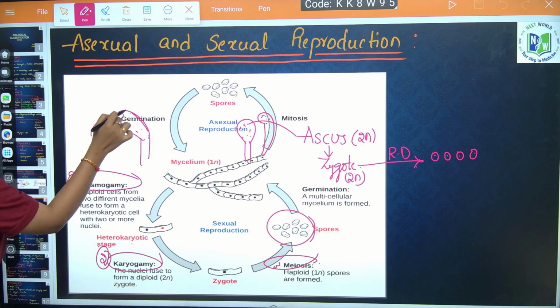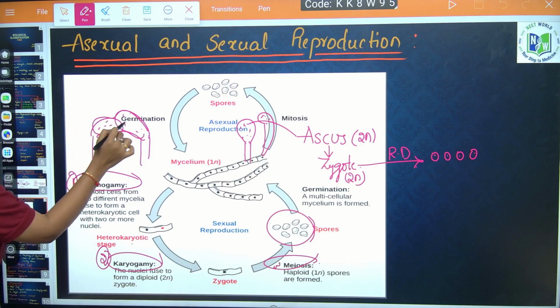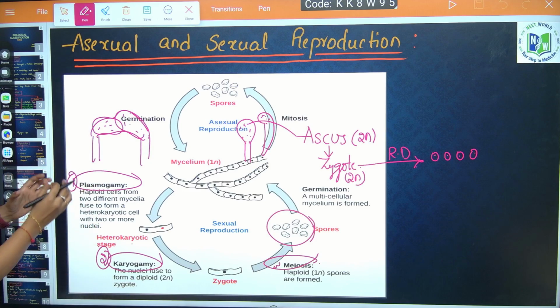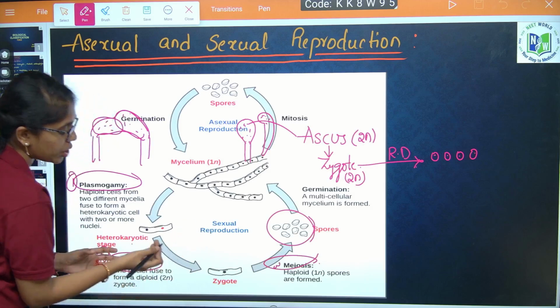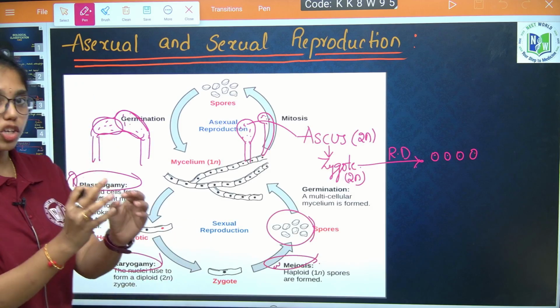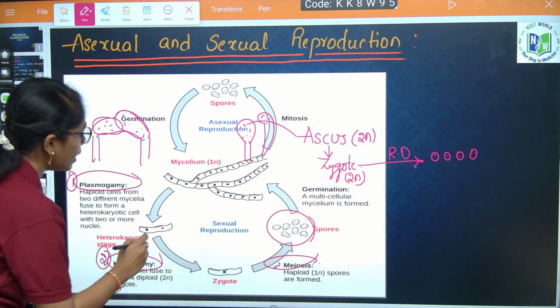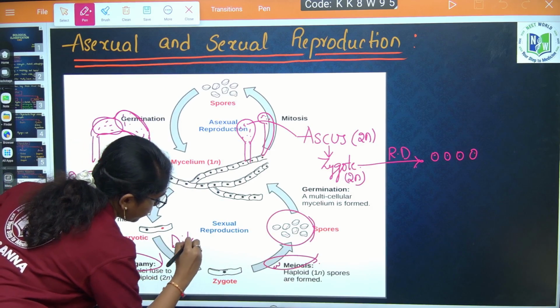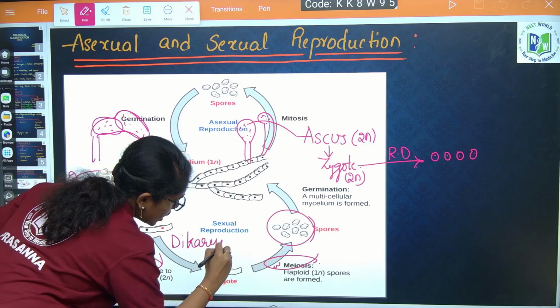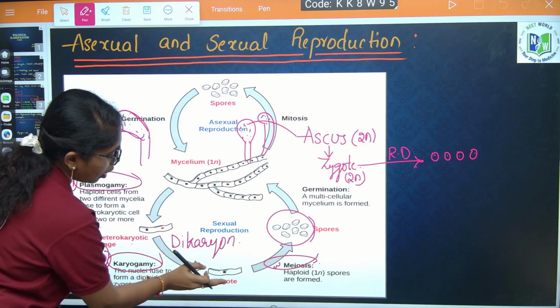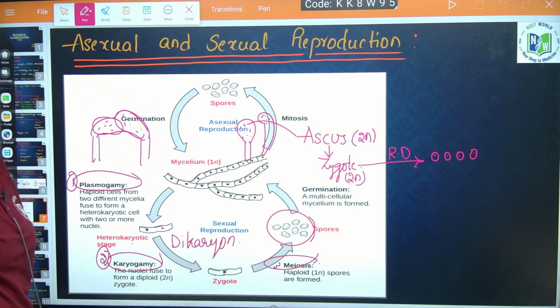After the protoplasmic fusion, especially in ascomycetes and basidiomycetes, initially the dikaryon stage is formed.